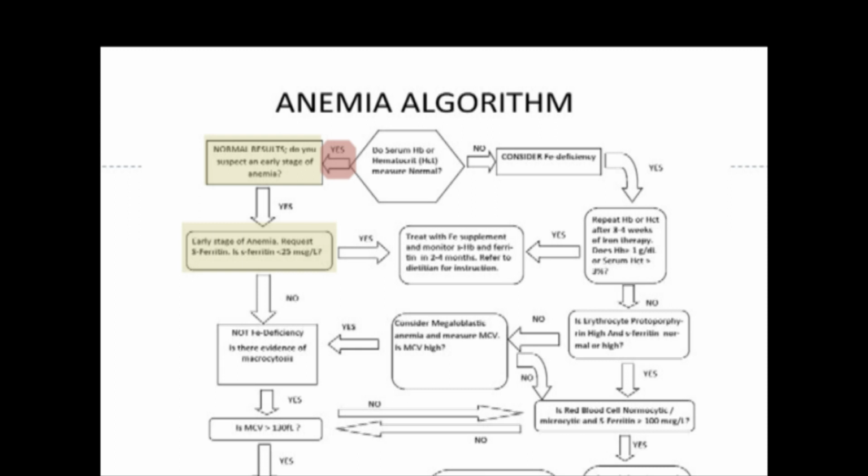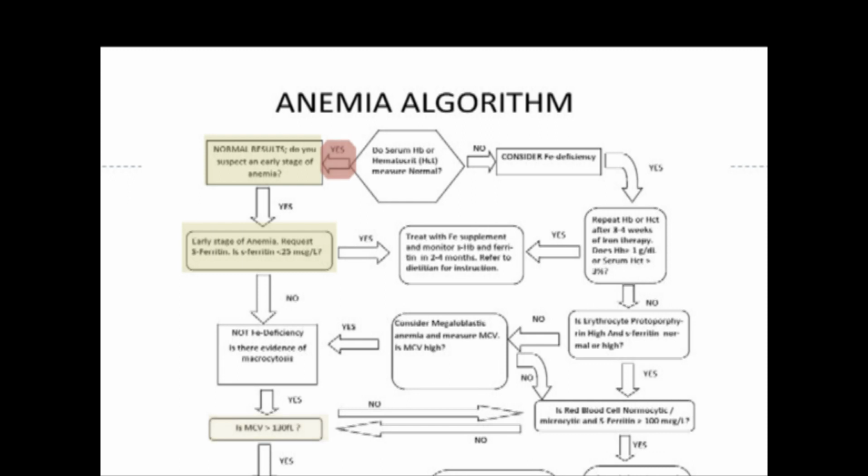If, on the other hand, the serum ferritin did not drop under 25 micrograms per liter, then we need to possibly consider the likelihood of a macrocytosis. So then, if we answer yes, we have to verify if the MCV is greater than 130 fL.